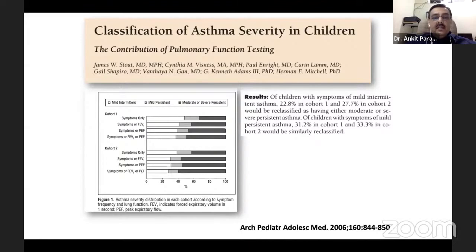If you look at the upper part of the graph, it shows intermittent asthma this many, mild persistent this many, and moderate to severe this many. But if you look at addition of lung function, it leads to a classification change in a lot of patients. And if you read this article, they say that approximately 25 to 30% of patients actually were reclassified once their lung function was done.